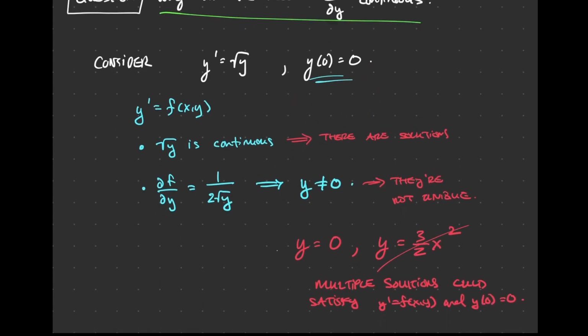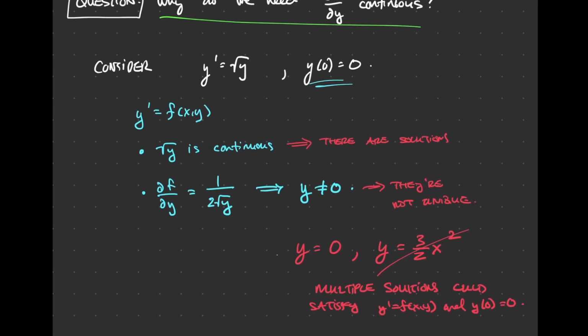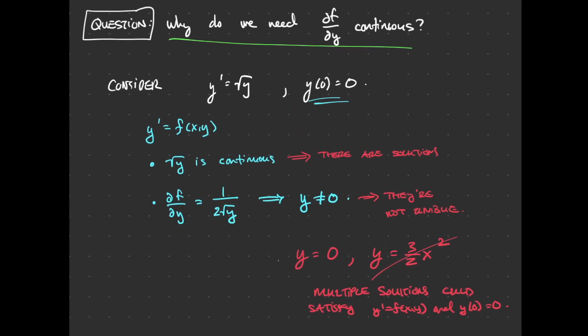So this is the type of thing that we want to avoid, because a lot of times finding the solution to an ODE is expensive. And I mean expensive in terms of computation power, manpower, coming up with a viable model, right? Do we need to spend our time on the solution or not? So this guarantees uniqueness.